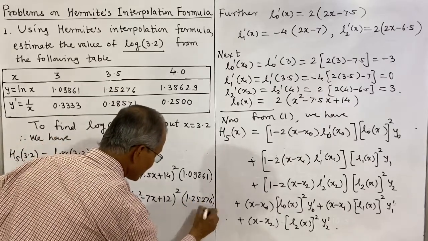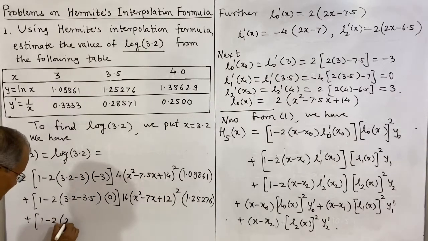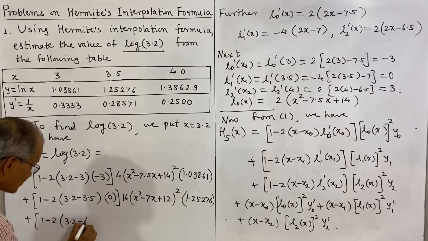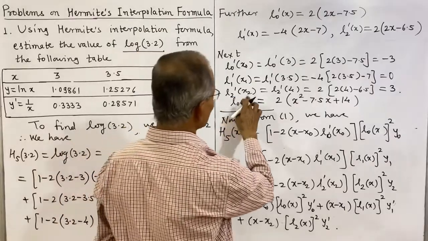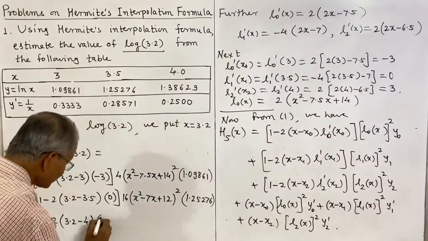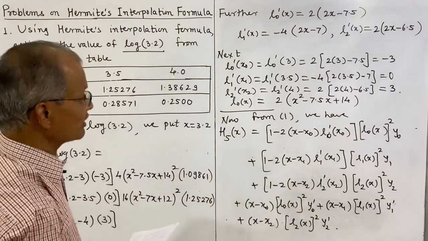Y1 is this value, 1.25276, and next is plus 1 minus 2 (x minus x2), where x is 3.2 and x2 is 4, multiplied by L2 dash at x2, that is 3, and the square of L2(x).